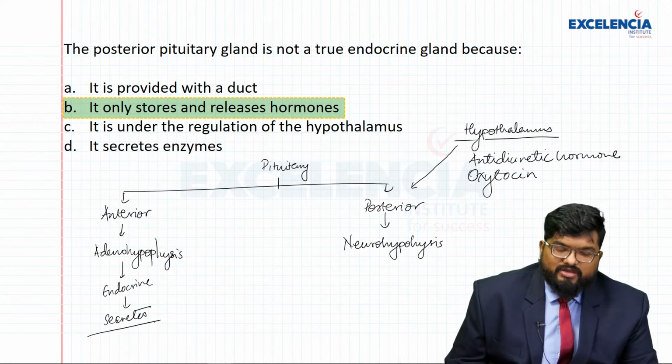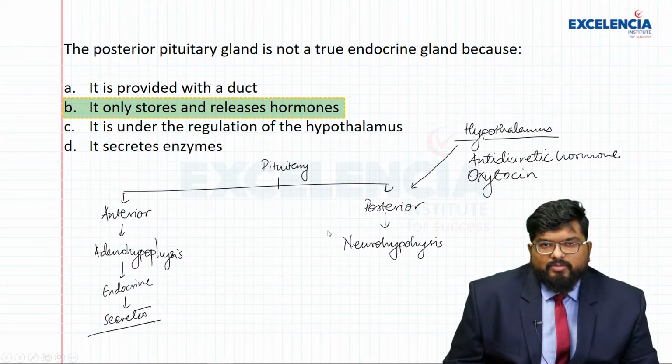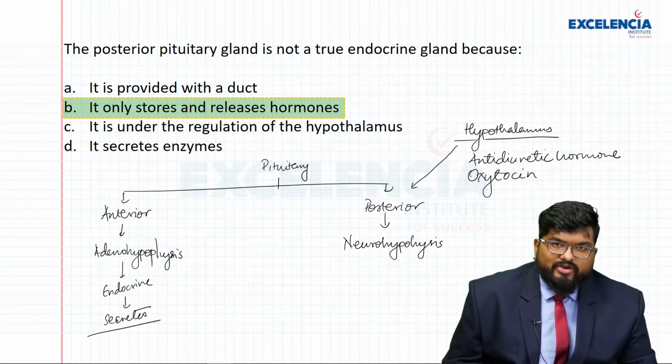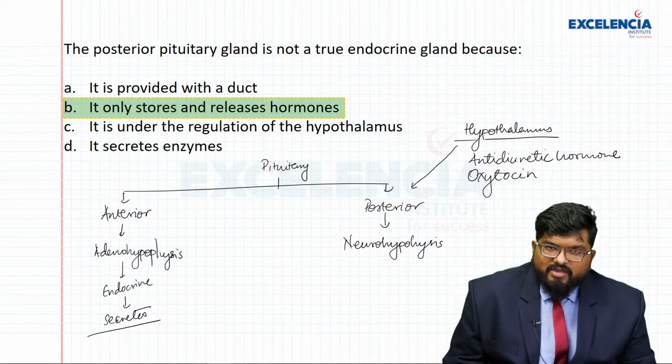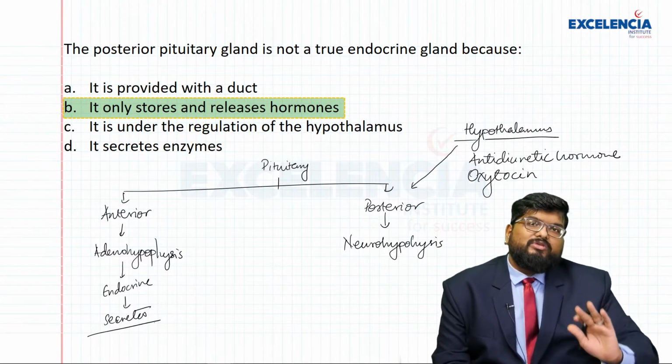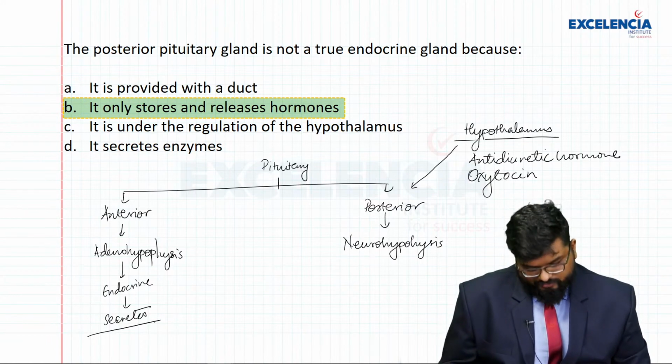So the neurohypophysis, or posterior pituitary, is not a true endocrine gland because it does not synthesize its own hormones. It receives the hormones from the hypothalamus and secretes them into the bloodstream when stimulated to do so.